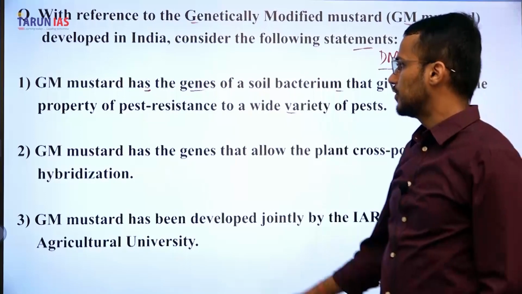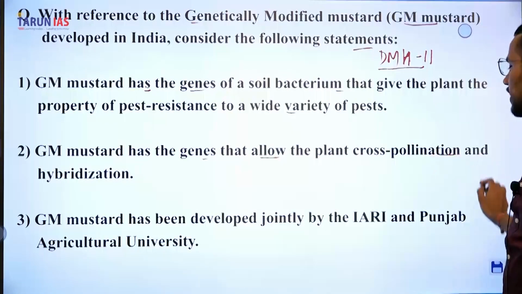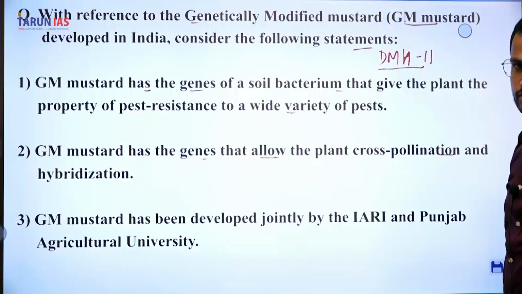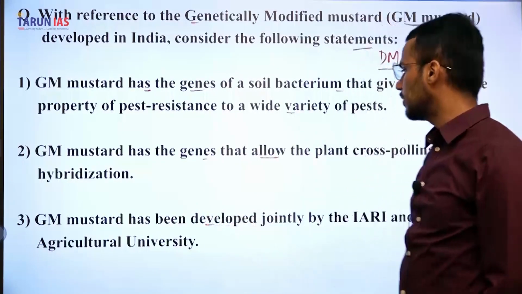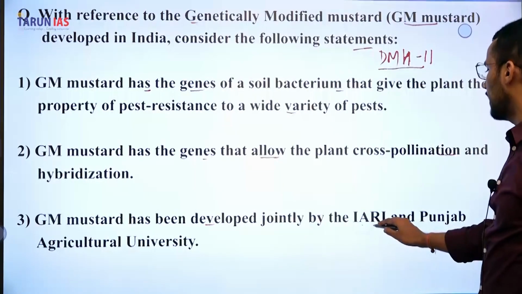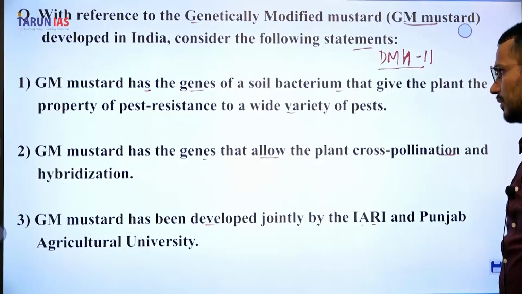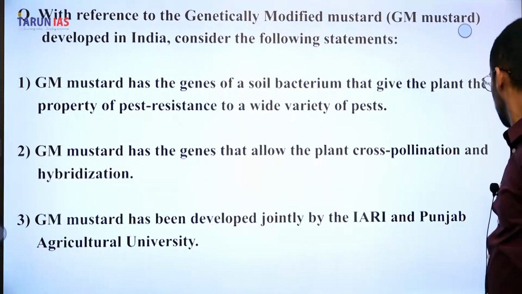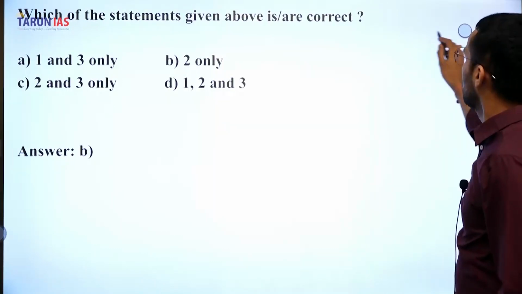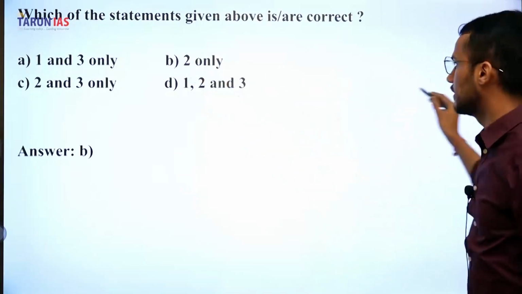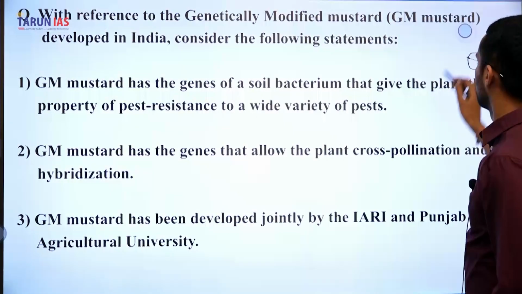Second, GM mustard has the genes that allow the plant cross-pollination and hybridization. Third, GM mustard has been developed jointly by IARI and Punjab Agricultural University. And we are supposed to find the correct statements from these three statements about genetically modified mustard.